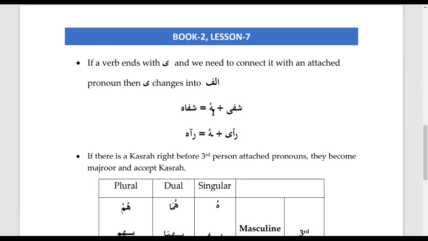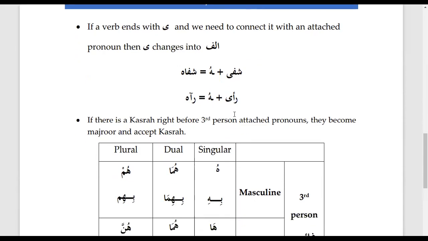And when we want to connect it with hu or ka or whatever the attached pronoun is, this ya changes into alif. So ya changes into alif when we connect it with the attached pronouns. Shafa plus hu becomes shafahu. Shafahullahu, may Allah cure him. And inshallah, we will discuss it in the lesson.